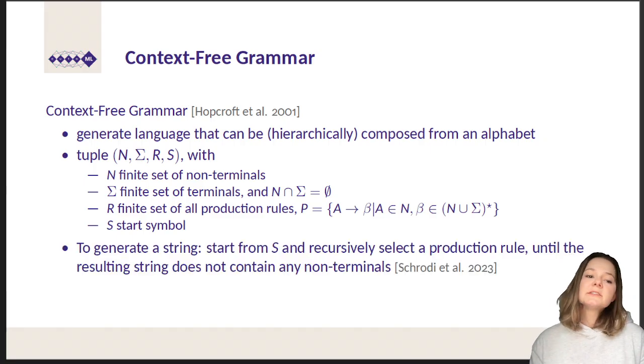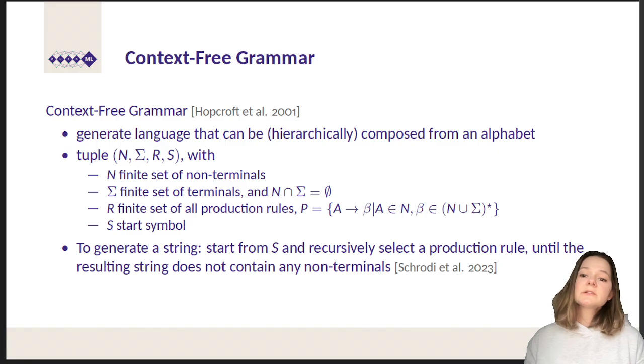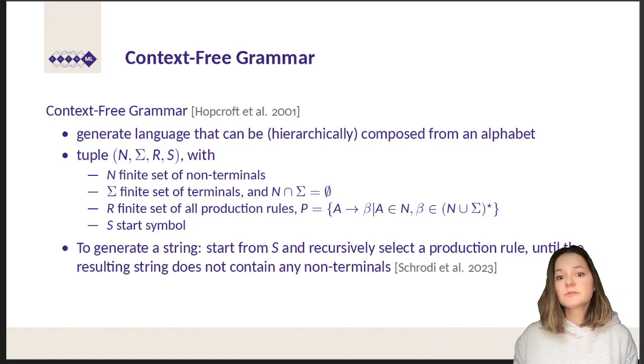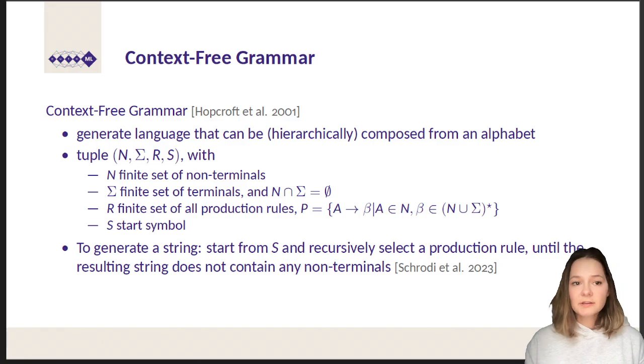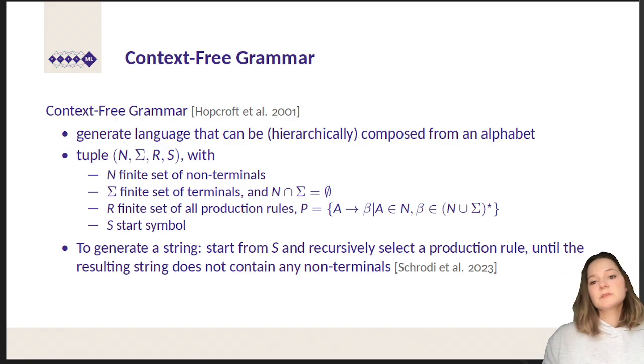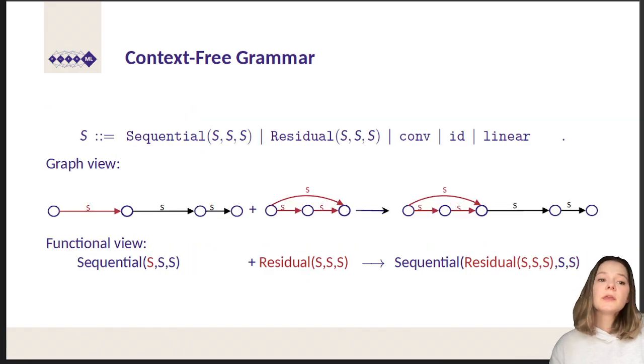And in general, the idea of how we can generate a string is we start with our start symbol S, and we recursively select production rules until the resulting string does not contain any non-terminals anymore. So therefore, context-free grammar is based on text, which we can then use to represent a neural network. And one example can be seen here.